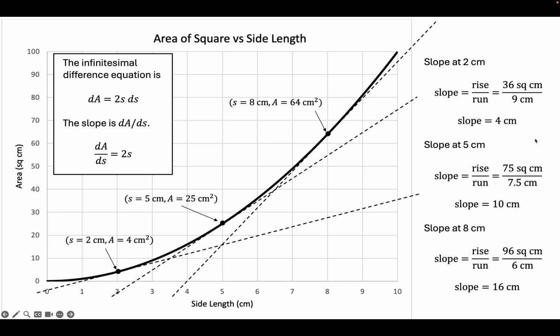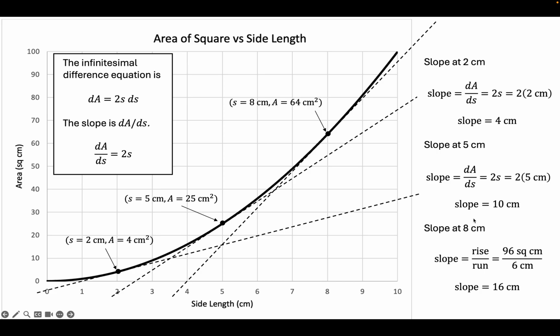So now we can use this equation instead of drawing a tangent line. So the slope at 2 centimeters we saw was 4. Instead of using the slope of the tangent line, we're going to use this equation. The slope is dA over ds. That's 2s. We plug in 2 centimeters for s, and we get 4 centimeters. That's the slope. At 5 centimeters, let's use the equation. dA over ds is 2s. Plug in 5 centimeters for s, we get 10 centimeters, which is the slope we got for the tangent line.